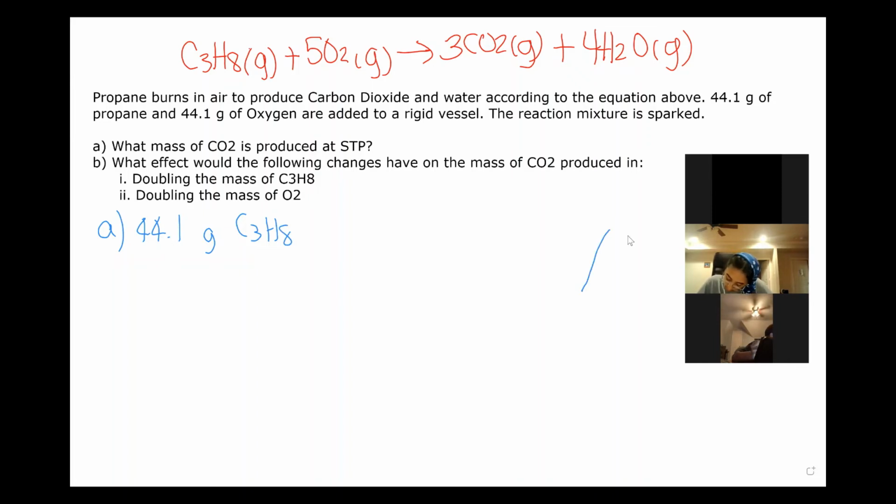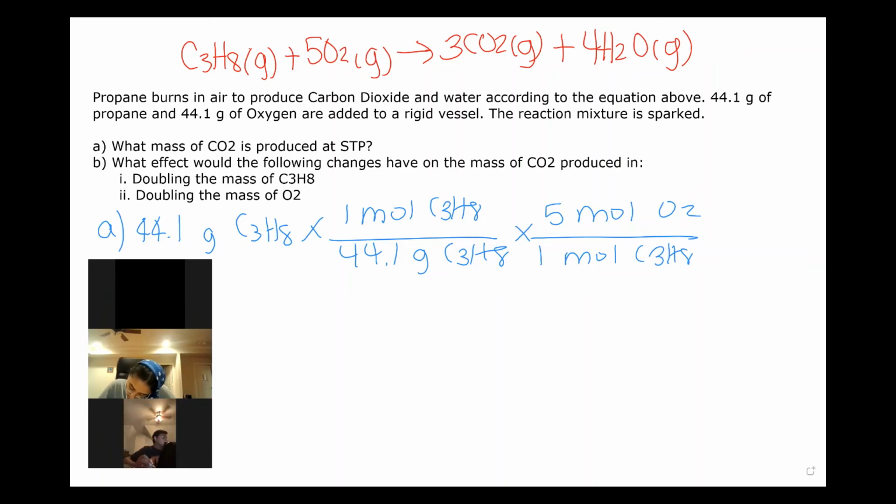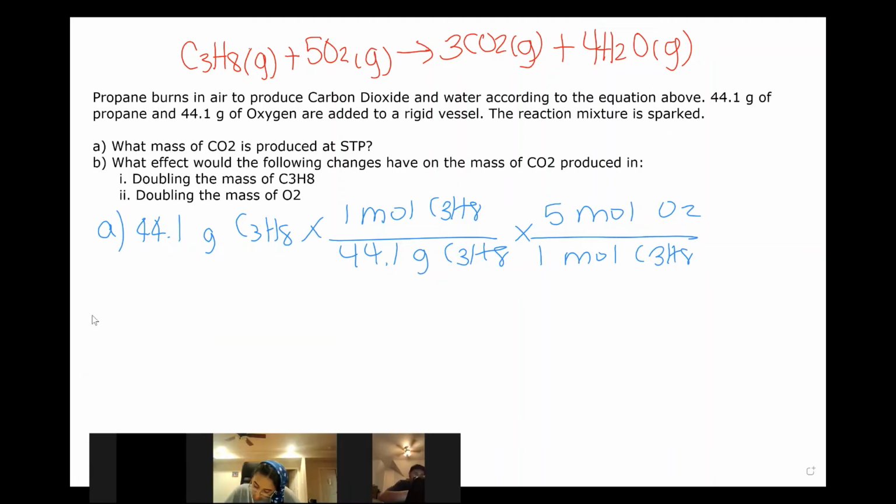We're gonna try to find the limiting reactant: times 1 mole of C3H8, which is 44.1 grams of C3H8. And then the mole ratio is 5 moles of O2 over 1 mole of C3H8, okay? And that yields how many moles? Is that 5 moles of O2? Yeah.